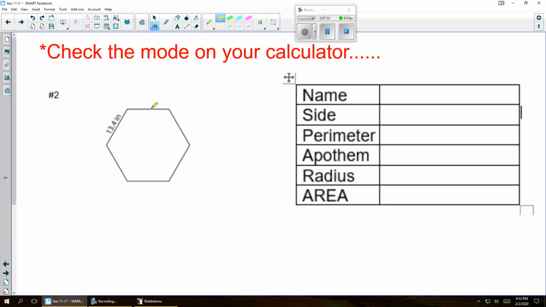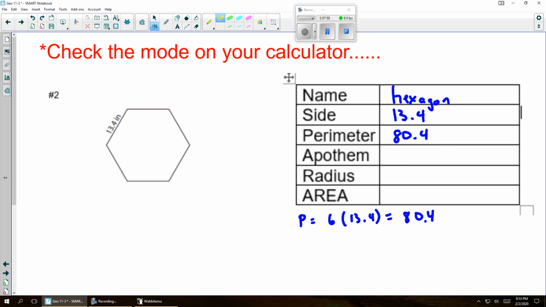Count the sides. 1, 2, 3, 4, 5, 6. 6 sides gives me a hexagon, where each side is 13.4. A perimeter then is 6 sides that are each 13.4, which is 80.4.